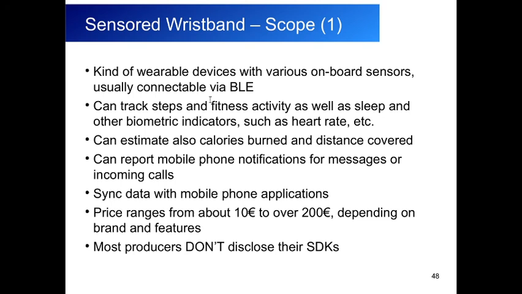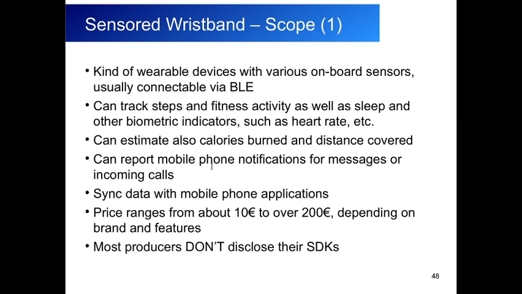It costs no more than 30 euro. And it can be used to track steps and fitness activities, track your sleep, and other biometric indicators such as heartbeat and so on. And you can also estimate calories burned and distance covered and report mobile phone notifications or messages for incoming calls.